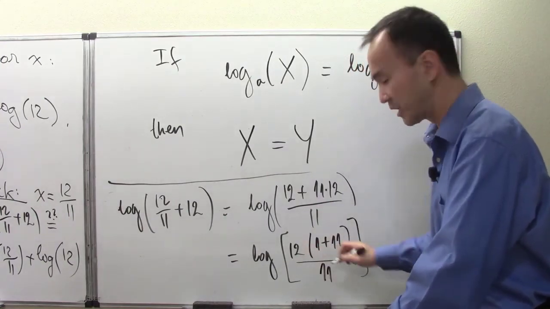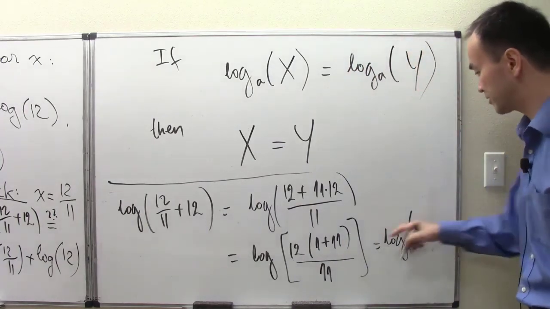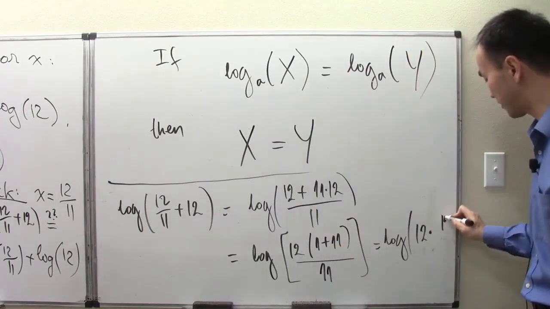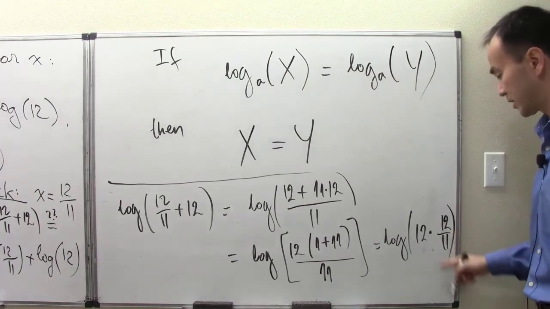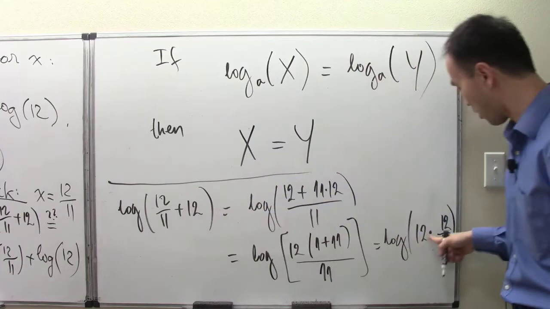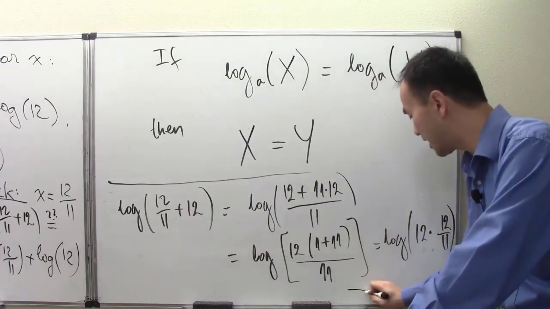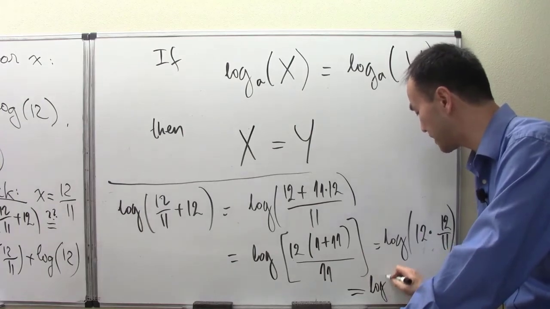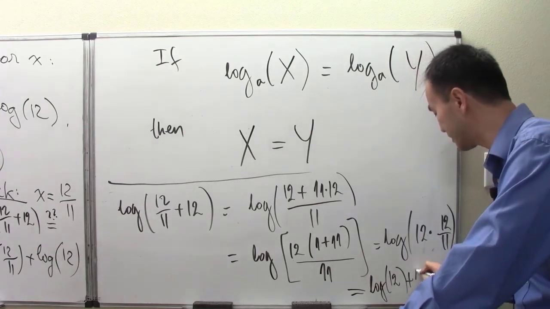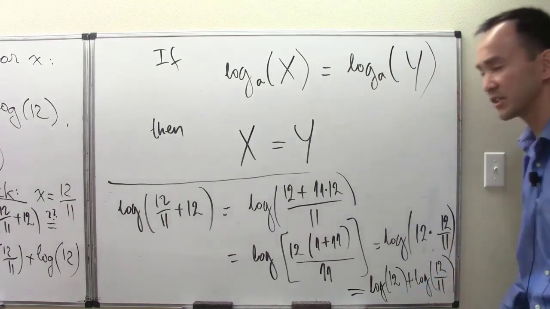So this is really the logarithm of 12 times 1 plus 11 over 11, which is 12 over 11. So this is the product of 12 times another 12 over 11. That's why it can legally equal log base 10 of 12 plus log base 10 of 12 over 11 on the other side.